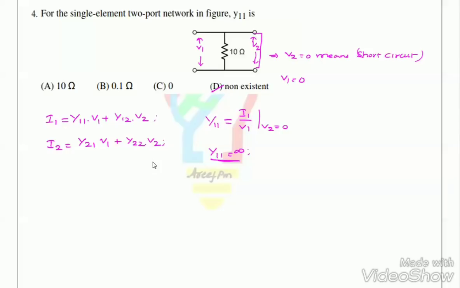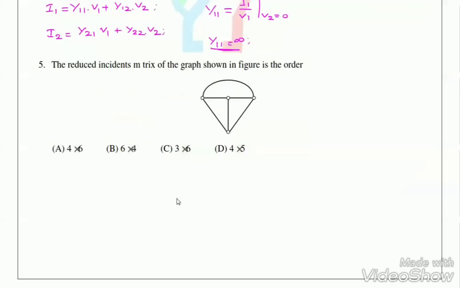Okay, and the next question: the reduced incidence matrix of the graph shown in figure is of order? Normally the order of the incidence matrix is number of nodes into number of branches.